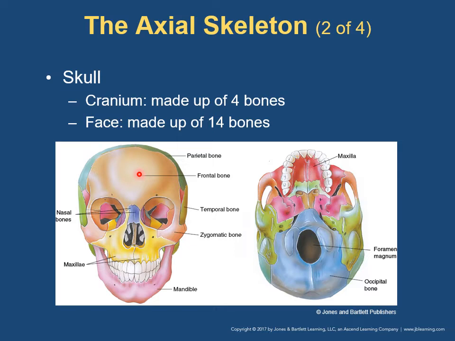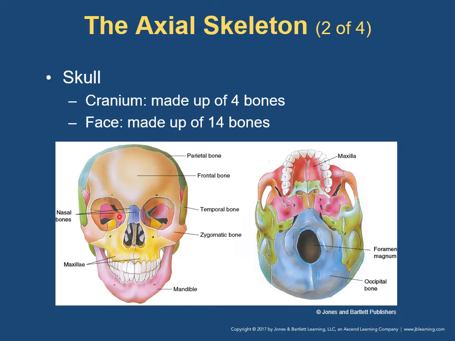So your facial bones, you have 14 of those. And the upper non-movable jawbone, that is here, that is the maxilla. Cheekbones, here and here, are zygomas. And then the lower portion of the jaw, this is the movable part, that is the mandible.